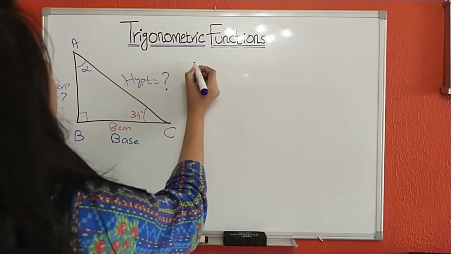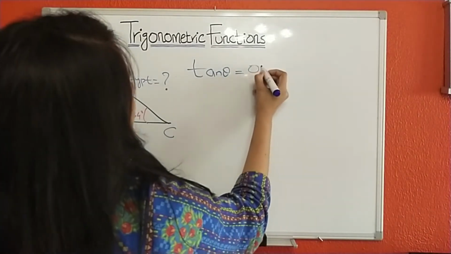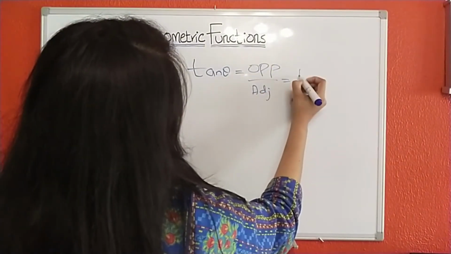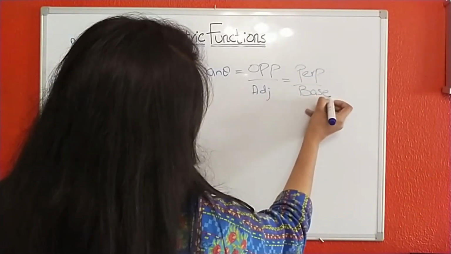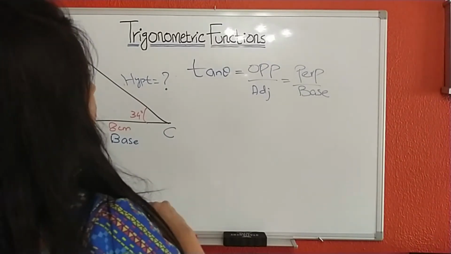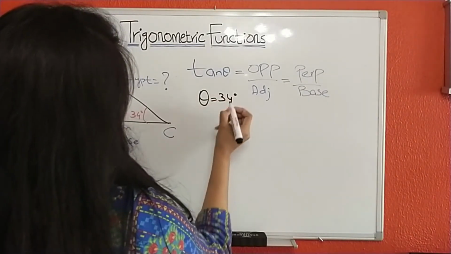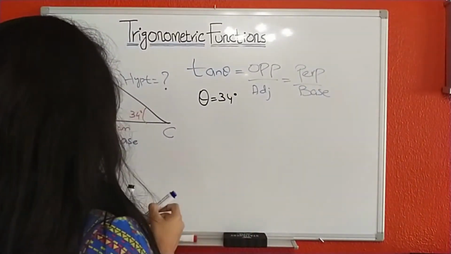The formula is tan theta is equal to opposite, or perpendicular, upon adjacent side, perpendicular upon base. Here theta is equal to 34 degrees.